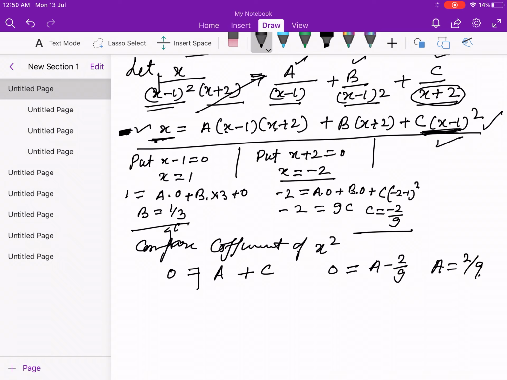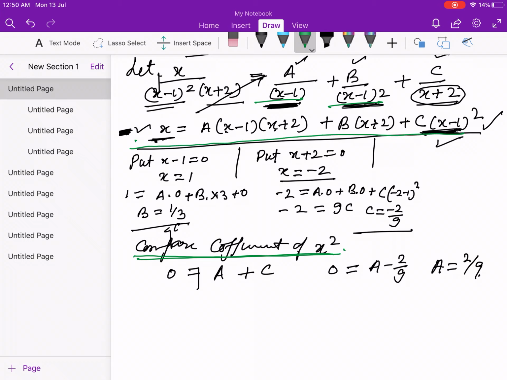So two values we have found by putting x minus 1 equal to 0 and x plus 2 equal to 0 here. And the third value we got by comparing the coefficient of x square from the statement which we have underlined here, this one.